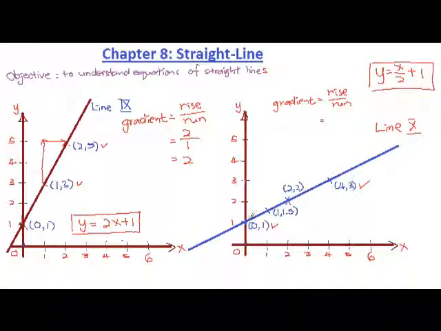The value of rise is from here to here, which is from 1 to 3, 2 units, and the run is from here to here, which is from 0 to 4, which is equal to 4 units. And thus, the gradient of line 10 is equal to 1 over 2.